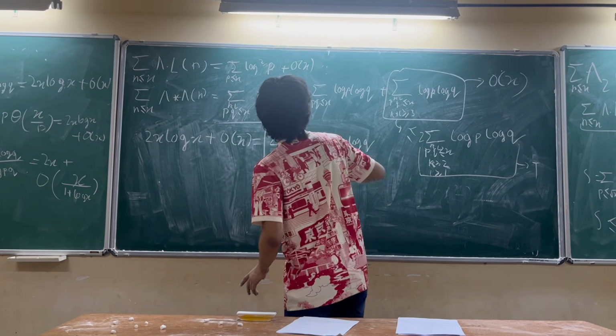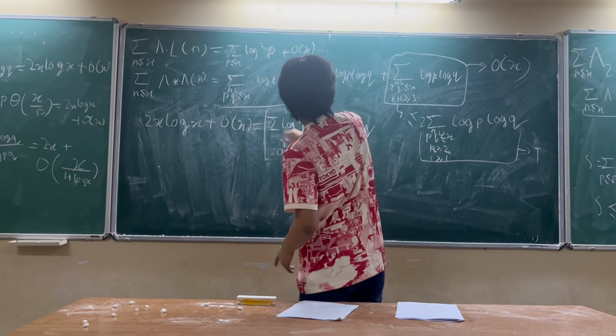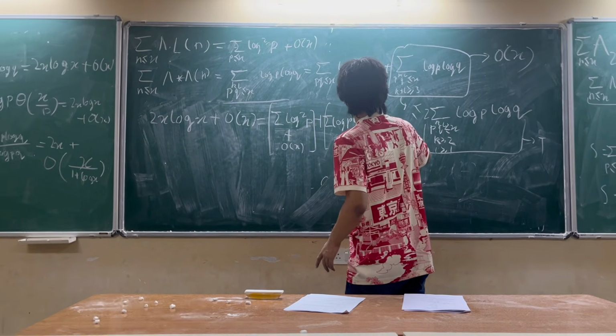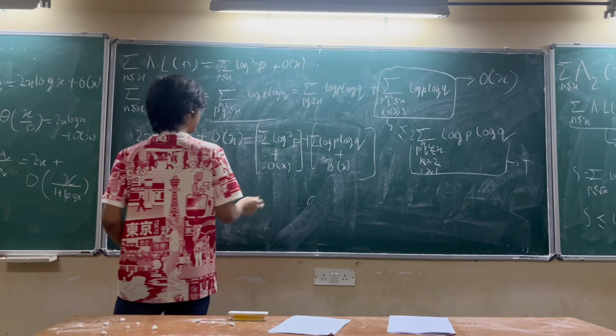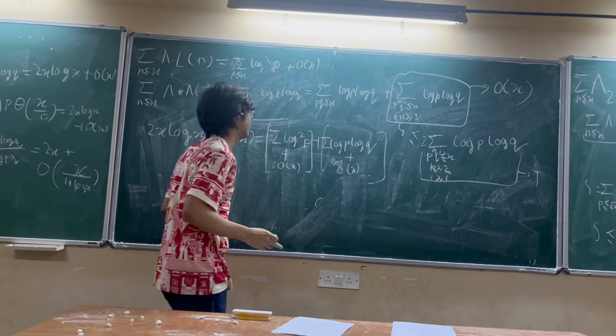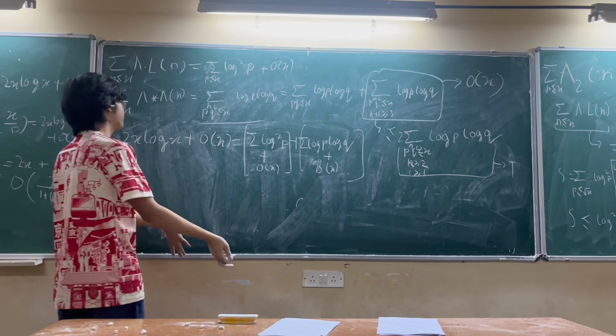The convolution term was also the main term plus something of the order of x. So in essence, you have one order of x function here and two order of x functions here. When you take their difference, the resulting function will also be of the order of x.